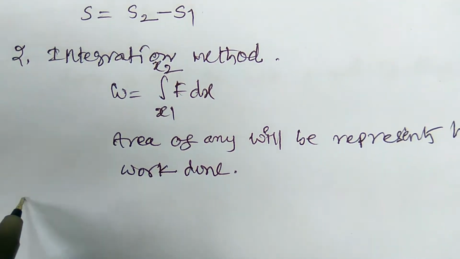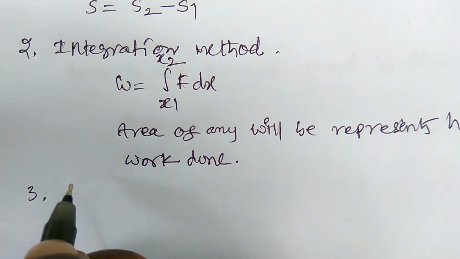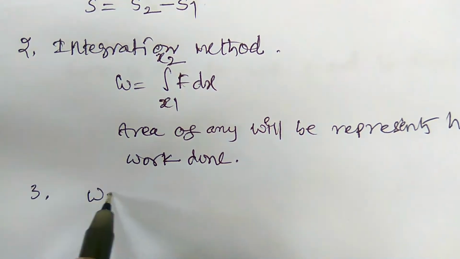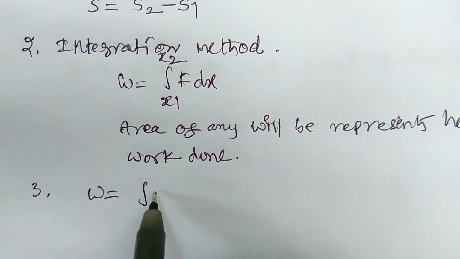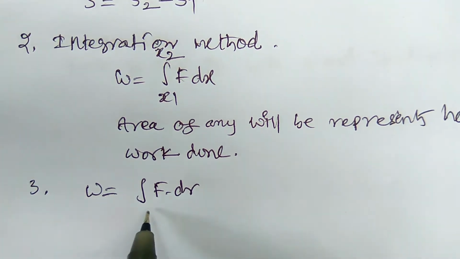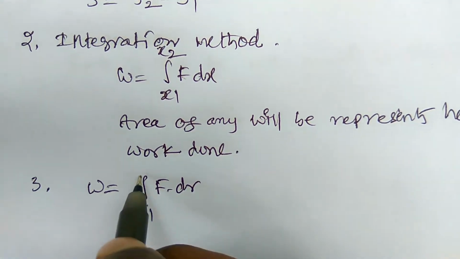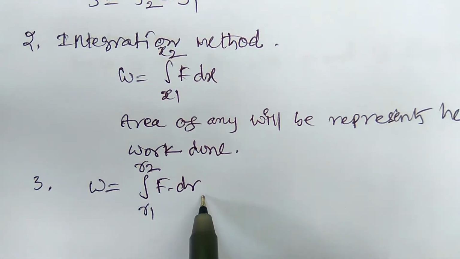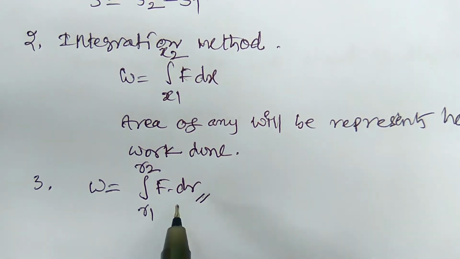And the third one: work done W is equal to the integral of F dr, from R1 to R2. Here we have to take the dr value.